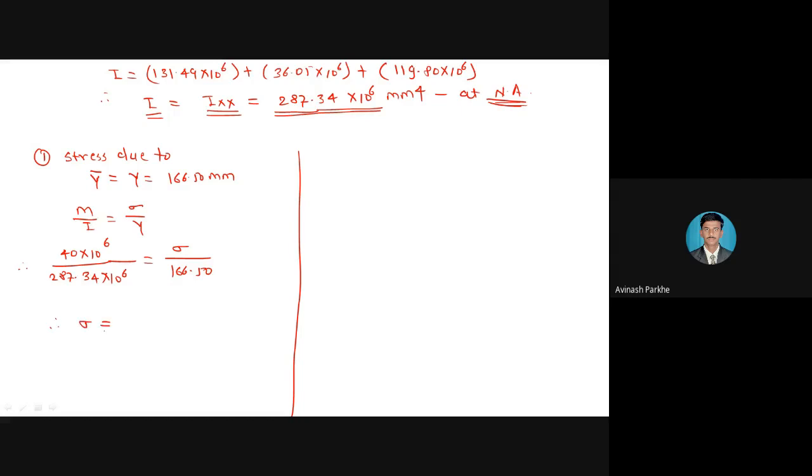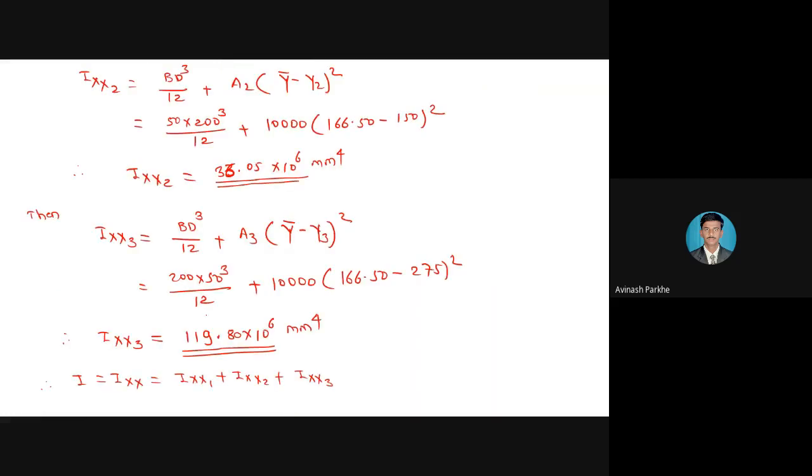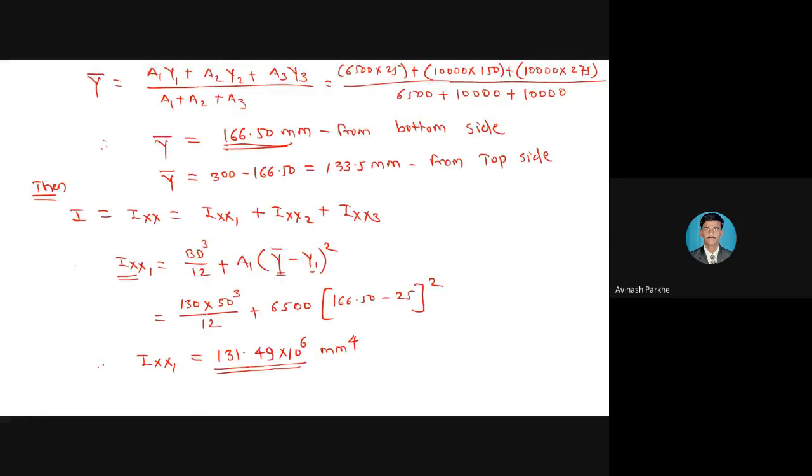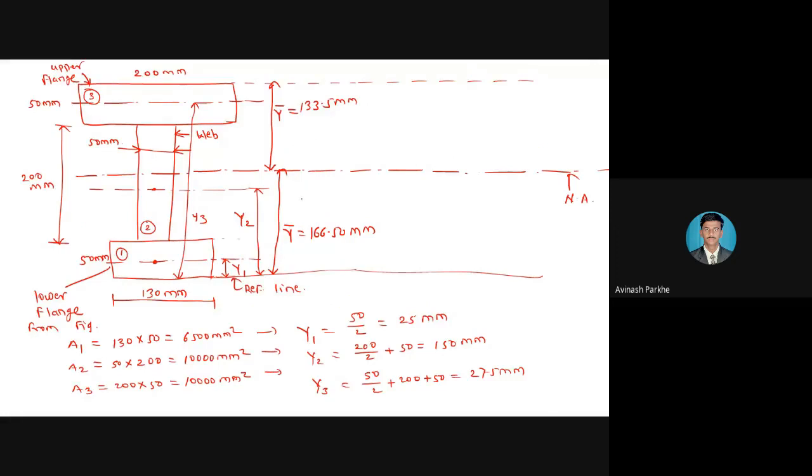Therefore, please tell me the first sigma due to the Y bar 166.50 mm. Yes, 23.17 Newton per mm square. This is the bending stress developed below the neutral axis. Why below the neutral axis? Because Y bar we have taken from the bottom side to the neutral axis.